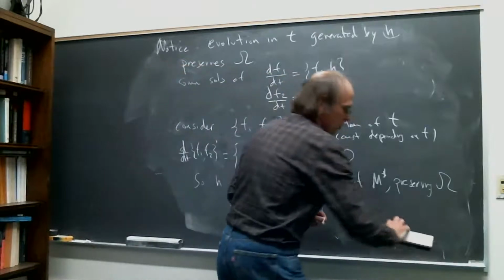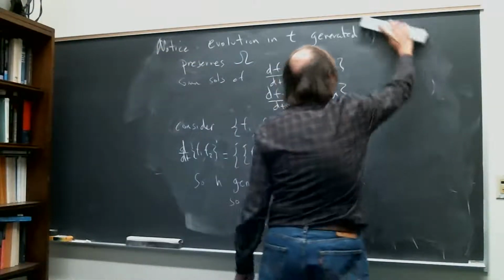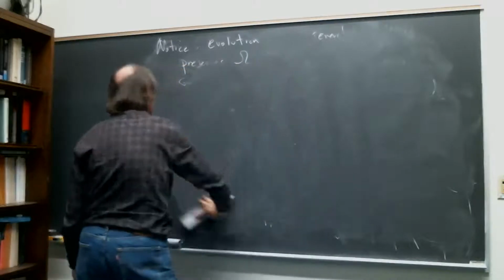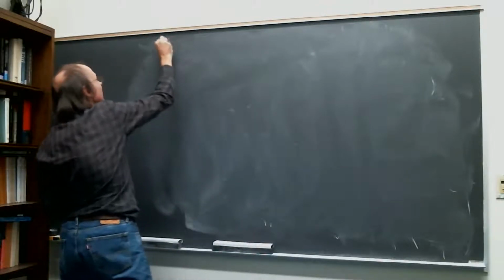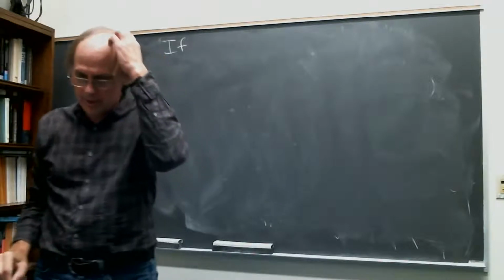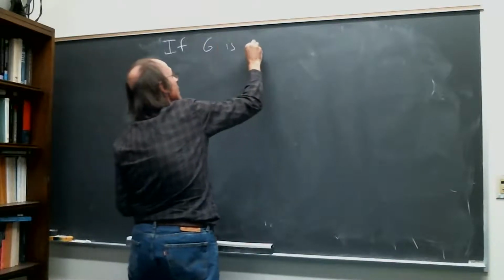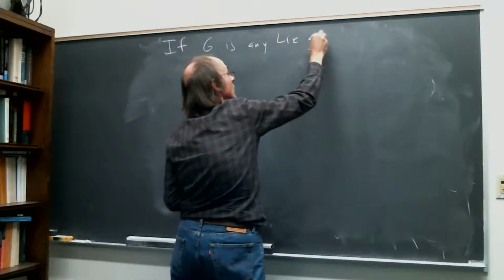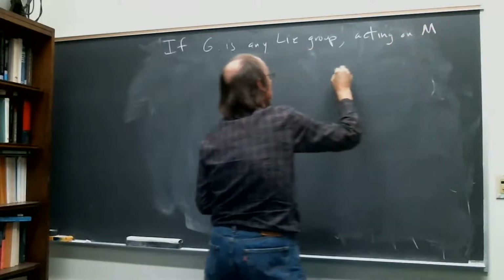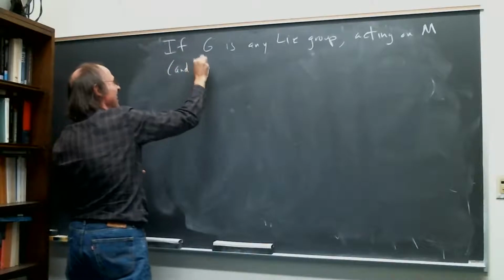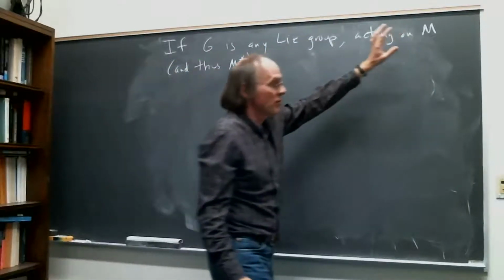So one more piece of general structure. A very fundamental thing we're starting out with is that G is any Lie group acting on M, and thus on M star.